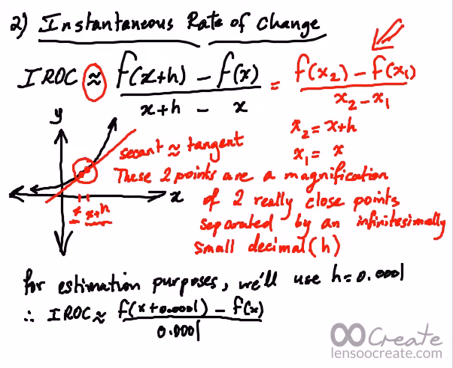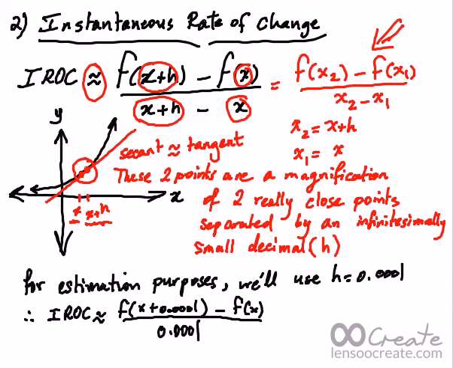Now, in applying this expression, instead of f of x2 minus f of x1 over x2 minus x1, we'll write here f of x plus h. That's your x2. And instead of x1, we'll write f of x. And here again, instead of x2, we'll write x plus h, and again x instead of x1.